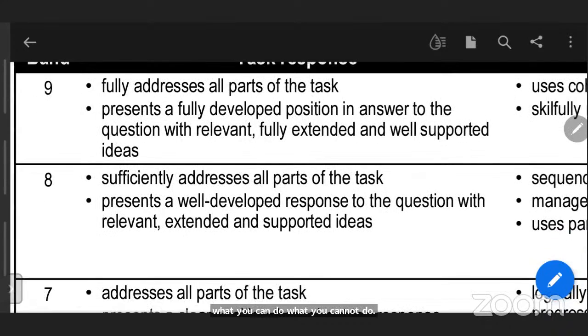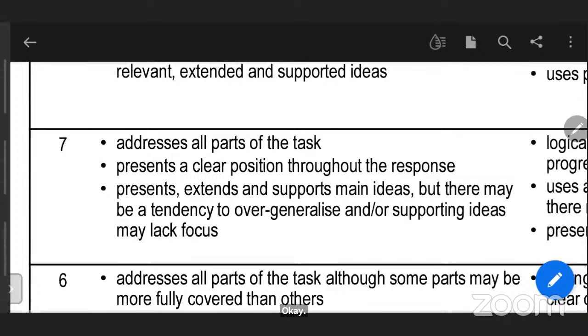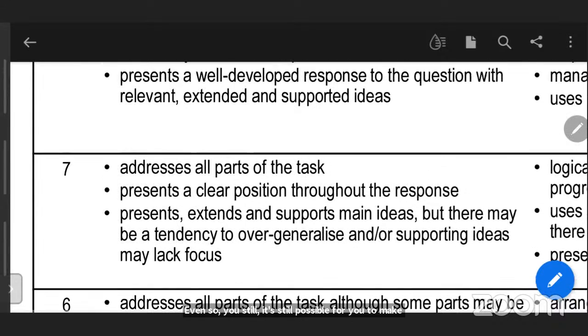So to be able to get the score 7, you have to address all parts of the task, meaning that you answer all of the questions and present a clear position throughout the response. So in writing task 2, whether you agree or disagree, you have to state it, and then present and extend supported main ideas. It means that you have to elaborate your ideas and give your examples. Even so, it's still possible for you to make small mistakes and still get 7 in writing.